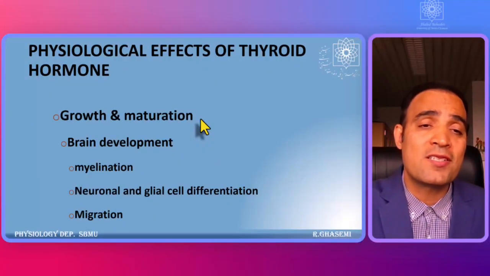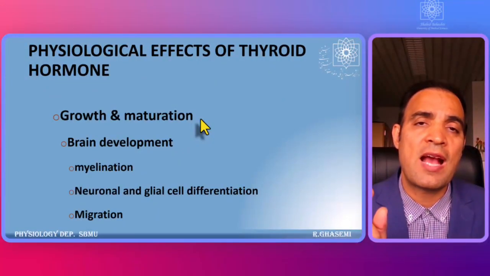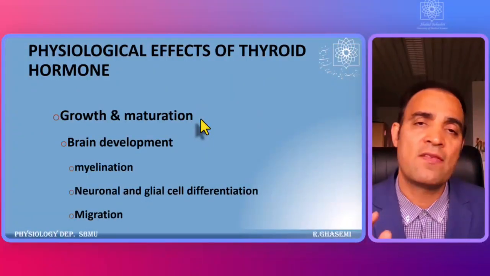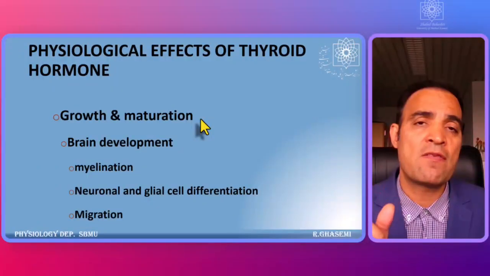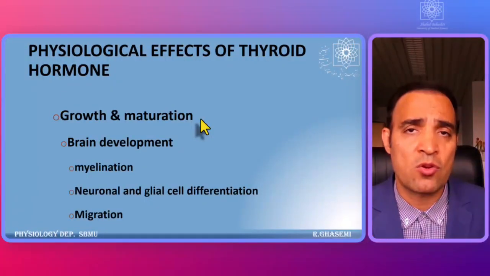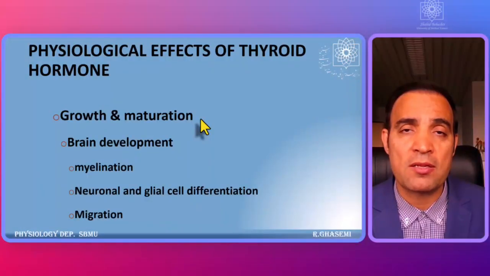And for this reason, if we have a problem in the production of thyroid hormone in the embryonic life, then the maturation will be undermined.